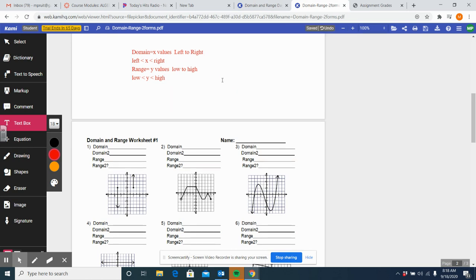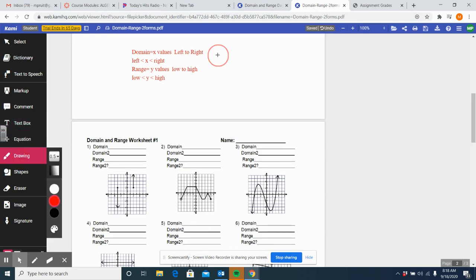Now notice, the signs that you are going to use are less than or equal to. On some, we can use greater than or equal to, but those are special occasions. Most of the time, you're going to write it like this.